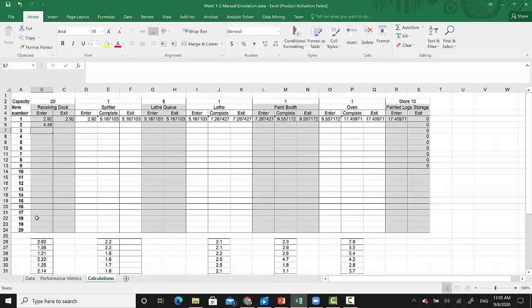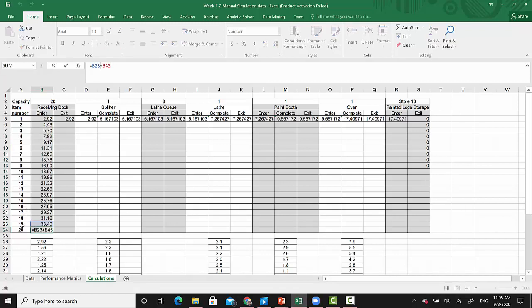Okay, so this can be generalized for the rest of them, because when they enter into the receiving dock, you see the receiving dock has a capacity of 20, and in total we only have 20 items. So that makes sure that all the 20 items can just get into the receiving dock when they arrive. So that means we can just copy this formula all the way down. Double click it, it will be copied all the way down here, and just click into the last one to check.